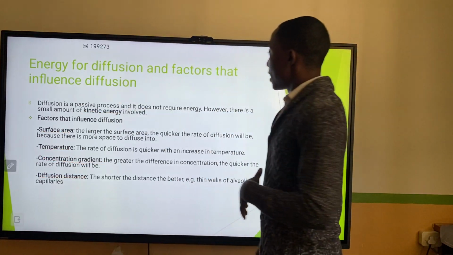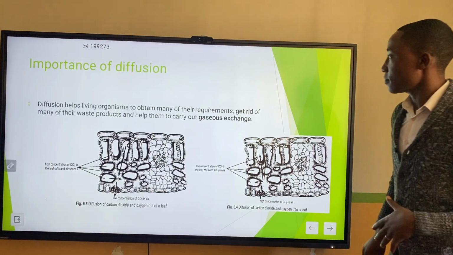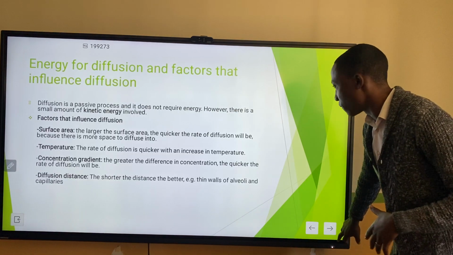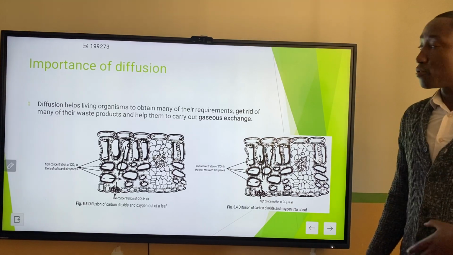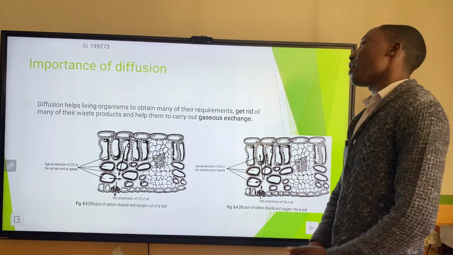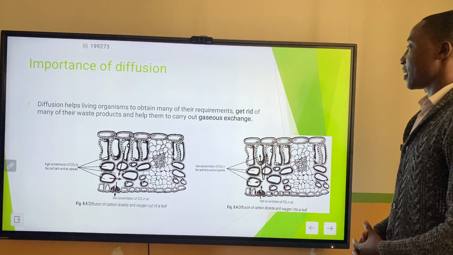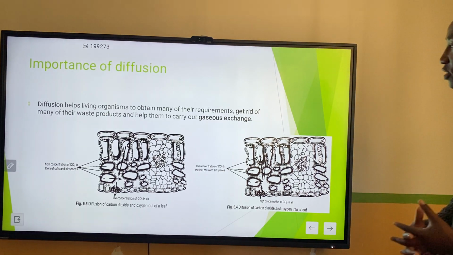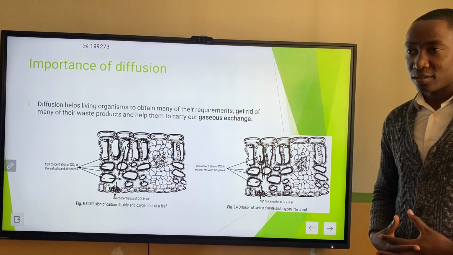Good. Then we move on to the importance of diffusion. Diffusion helps living organisms to obtain many of their requirements, get rid of many of their waste products, and help them to carry out gases exchange, right?